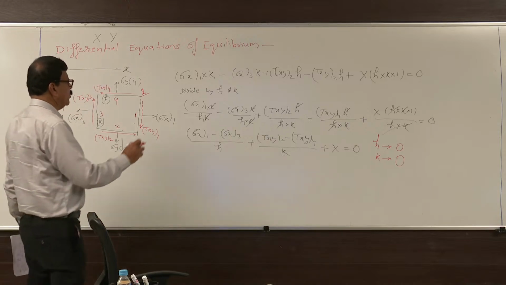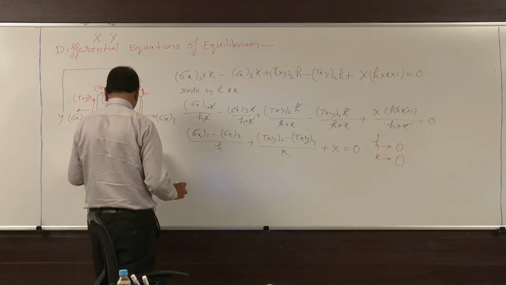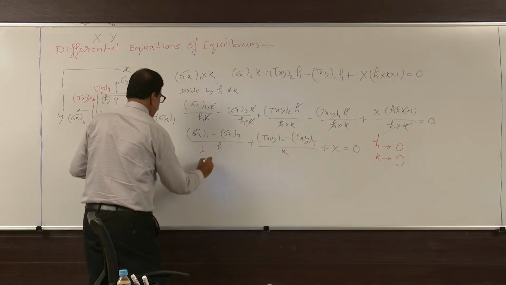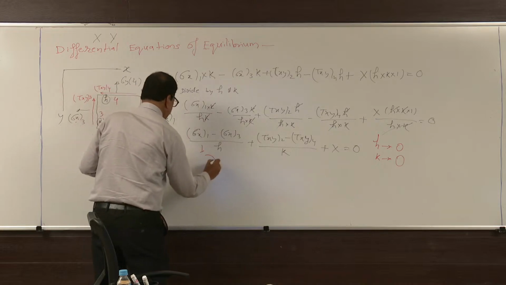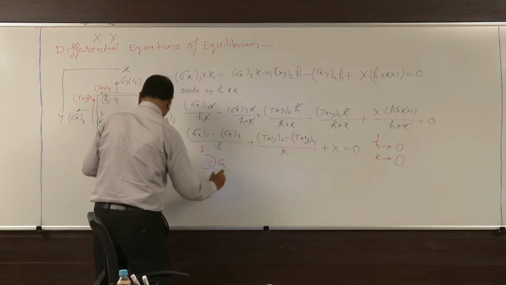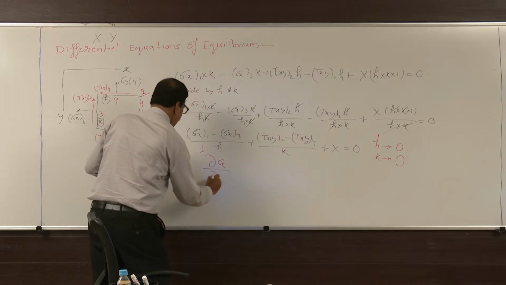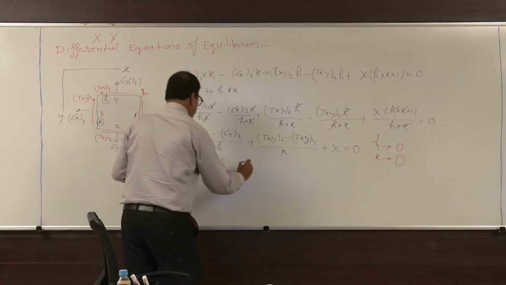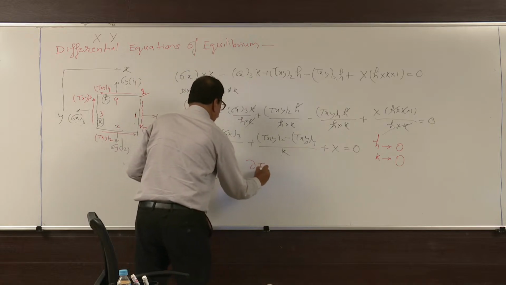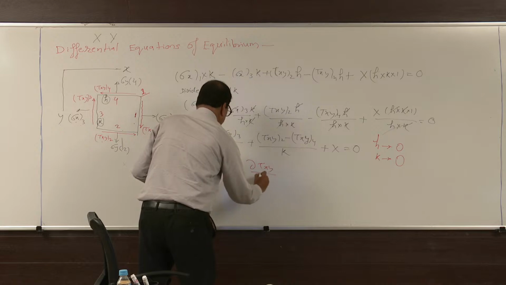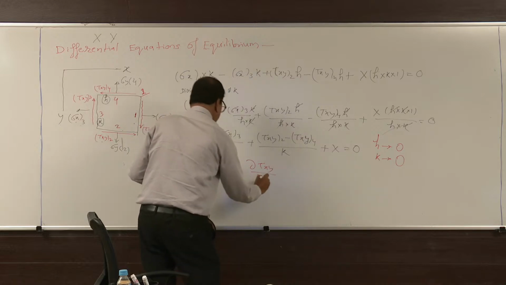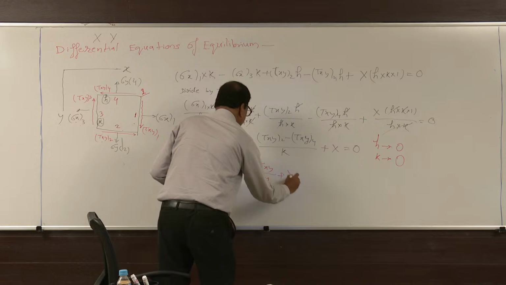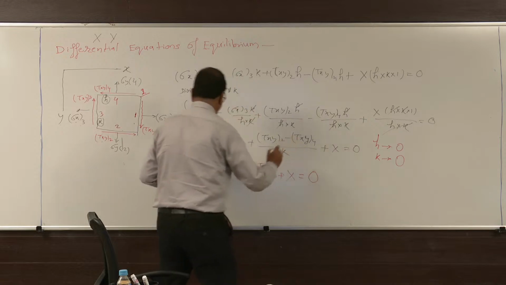If h tends to 0 and k tends to 0, this becomes del sigma x upon del x, plus del tau xy upon del y, plus X is equal to 0.